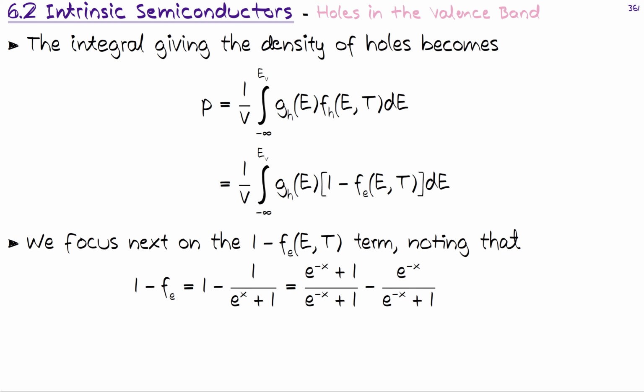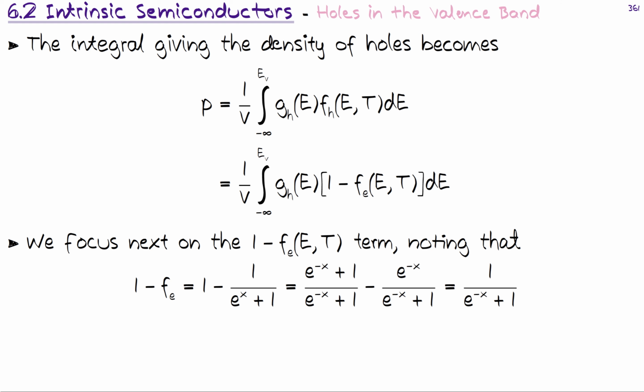Sorry, unity we changed to be e^(minus x), and then the earlier exponent e^x is being transformed into unity. So what happens now is that this is equal to this, and we have a minus sign here, so they vanish. What's left in the numerator is unity, and in the denominator we have e^(minus x) plus 1.